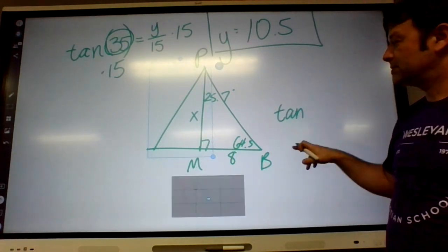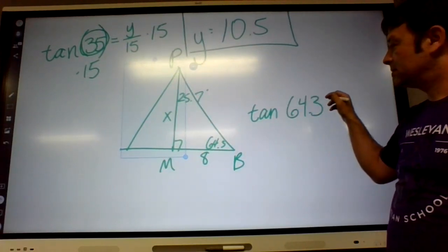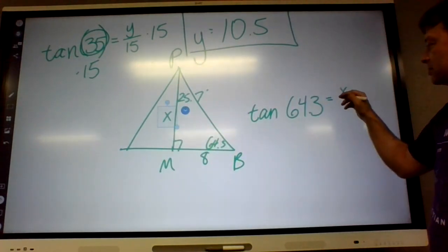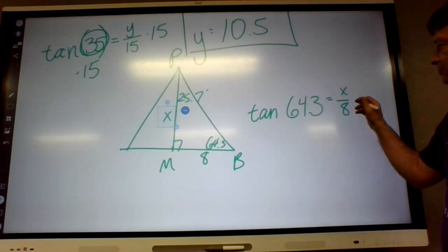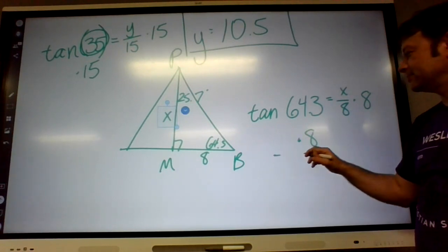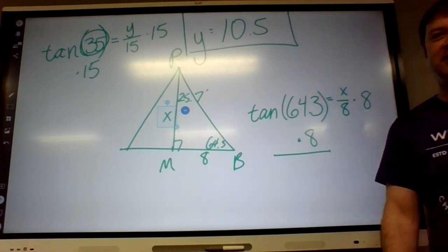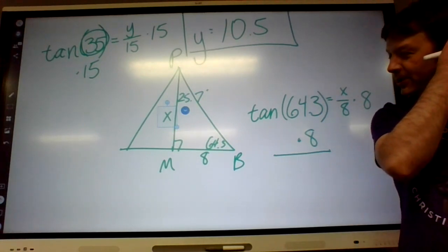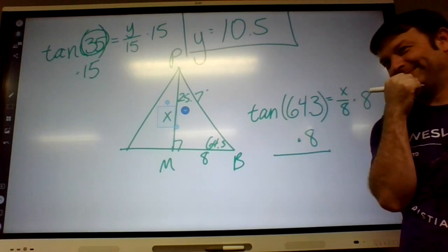Tangent of the angle 64.3 equals opposite over adjacent, over 8. So we have to times 8. It's 16.6.